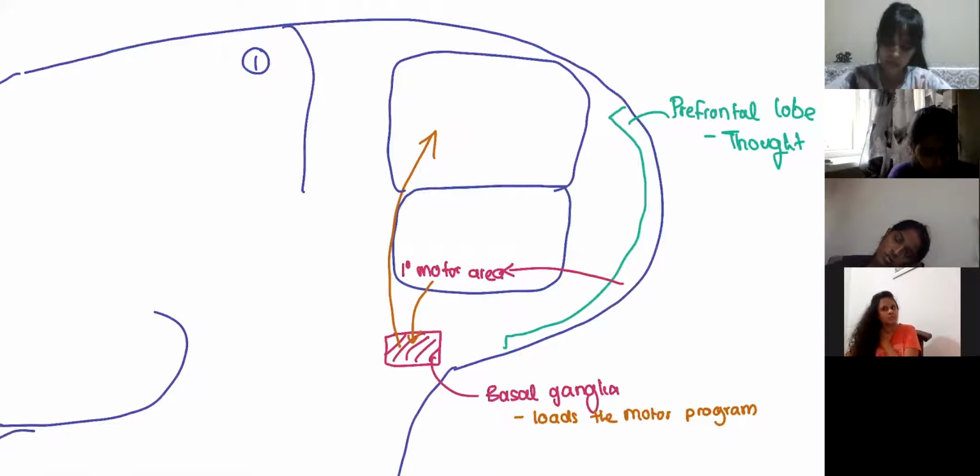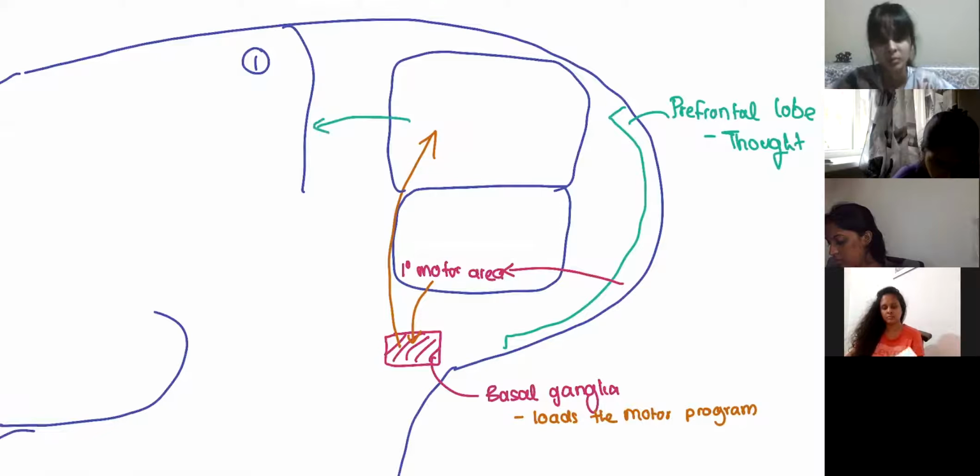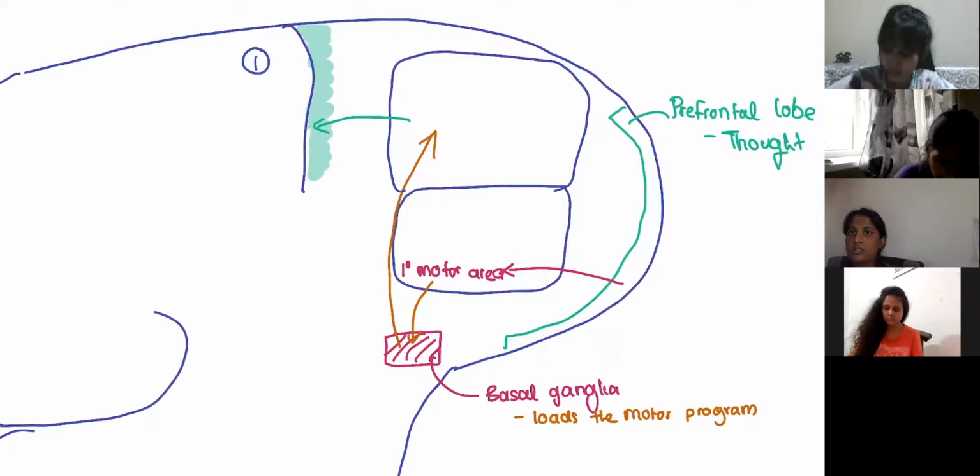Okay, so the basal ganglia loads a program and tells it to this, let's say his secretary, the basal ganglia secretary. Okay, and that secretary informs, what is this area called? Yes.